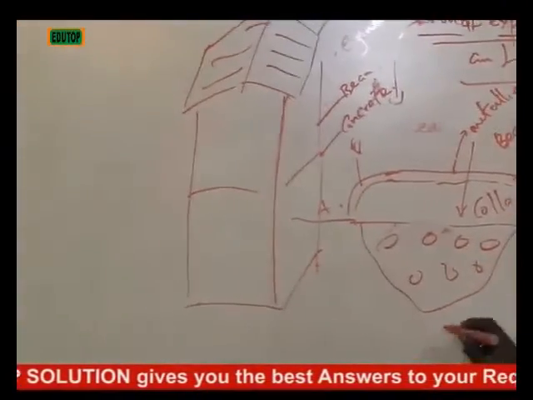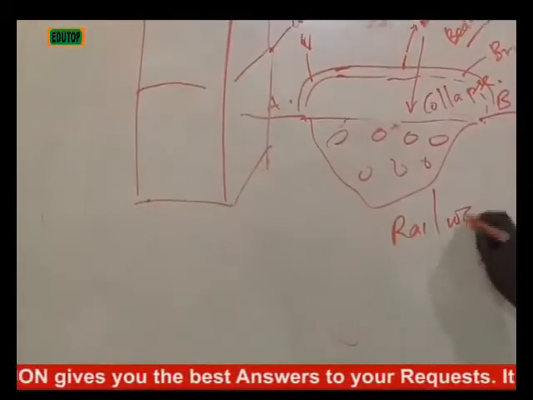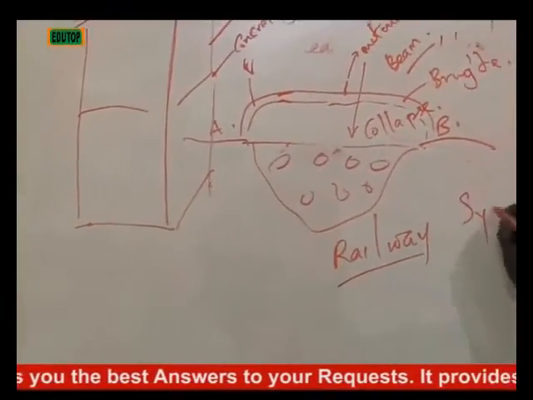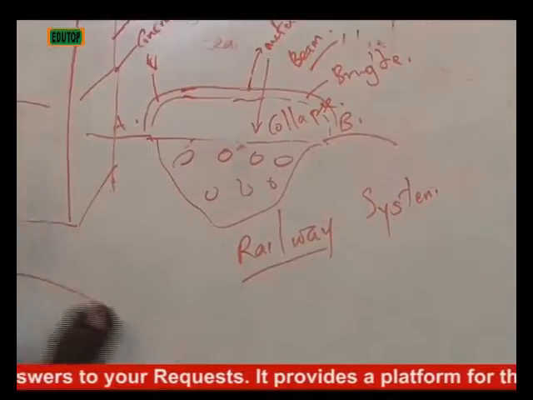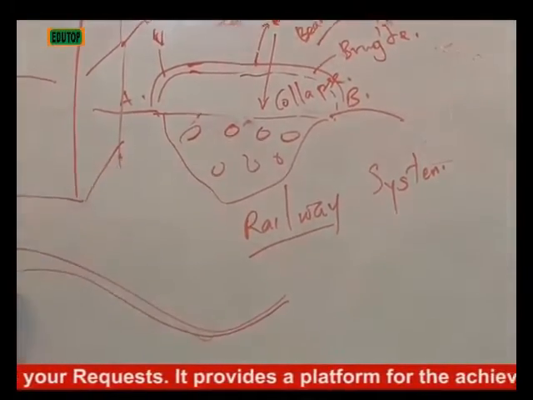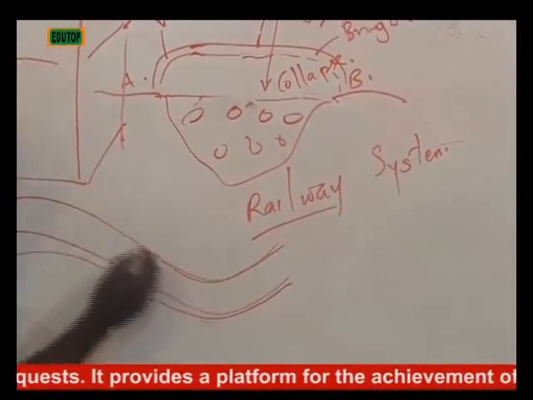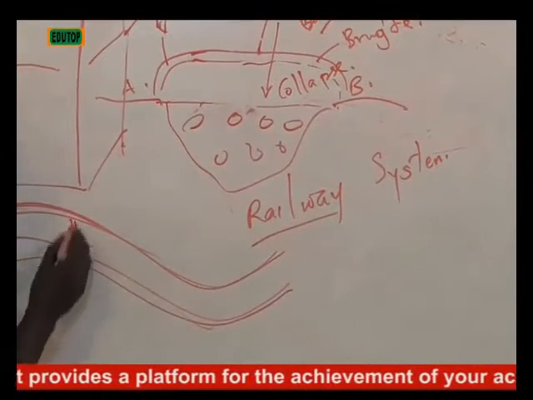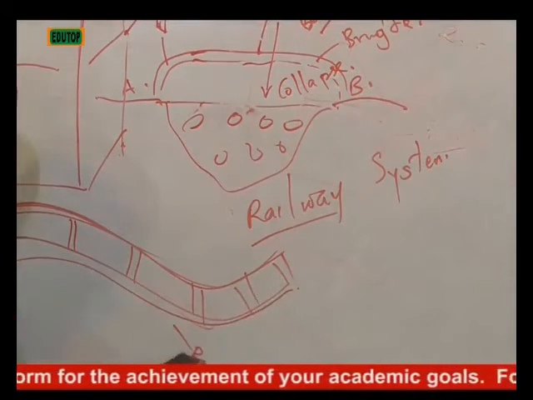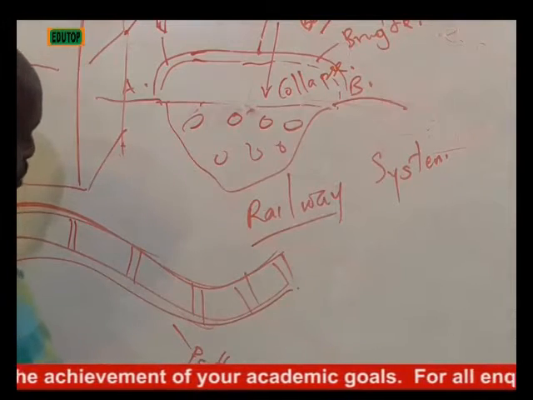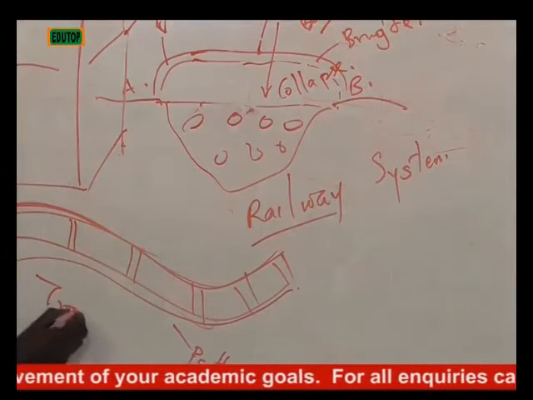Another one is your railway system. Under the railway system, there are what we call railway rings. They are always on the floor. They are like pathways for every train to pass.